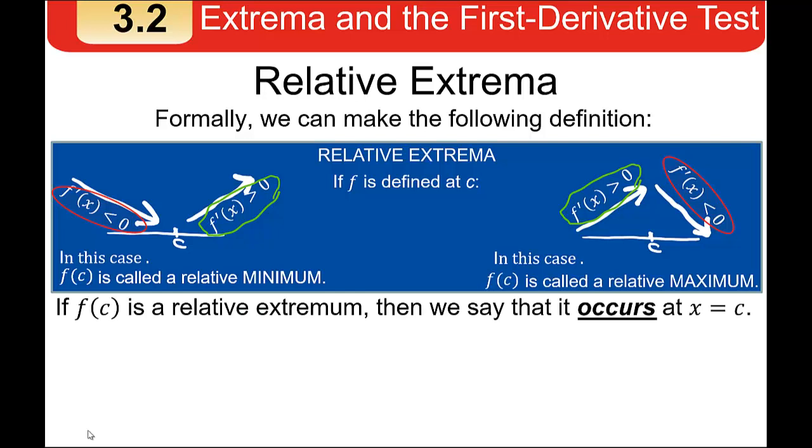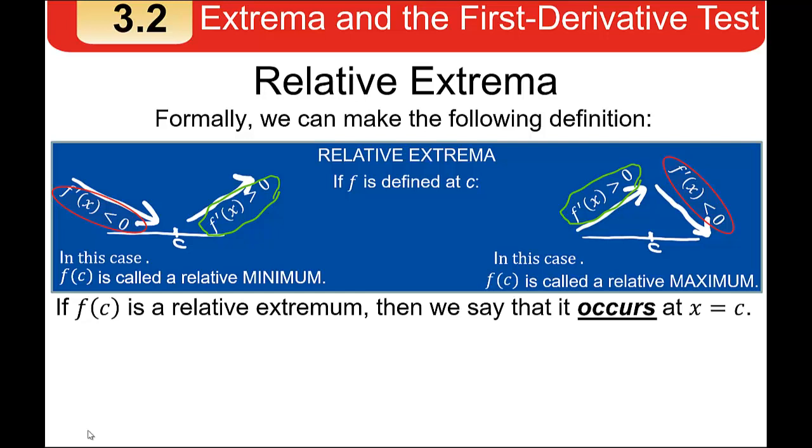A lot of this is vocabulary too. The maxes and mins, the relative maxes and mins taken together can be called relative extrema. If you have a single one of them, you can call it an extremum. So if f of c is a relative extremum, meaning it's either a relative max or relative min, then we say that that extremum occurs at x equals c.